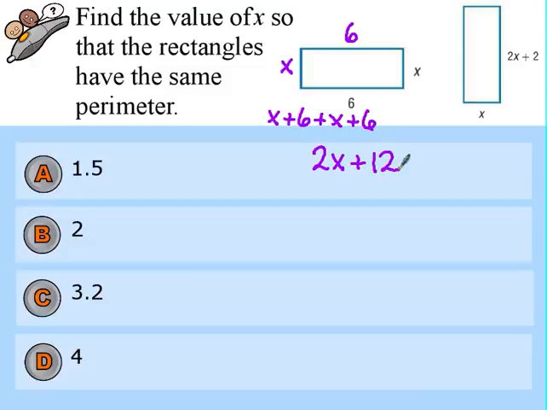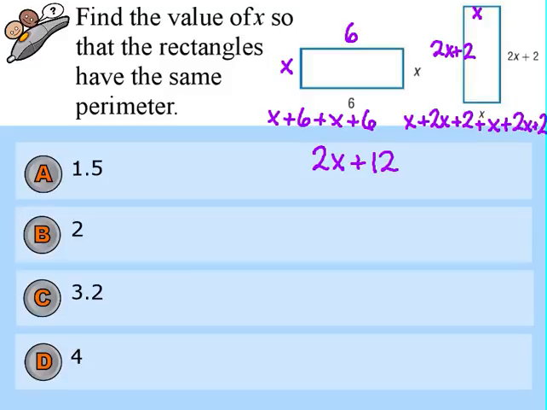Now let's look at this one. Okay, this is x and this is 2x plus 2. So really, I get on this one x plus 2x plus 2 plus x plus 2x plus 2. Okay, and I'm going to add all those together. All right, so let's go ahead and figure out how many x's do I have. So let's see. 1, 2, 3.